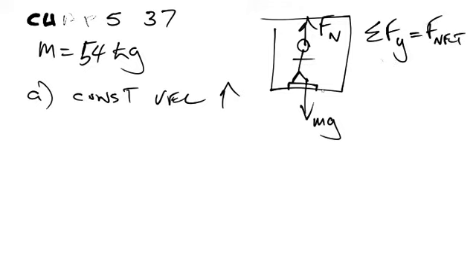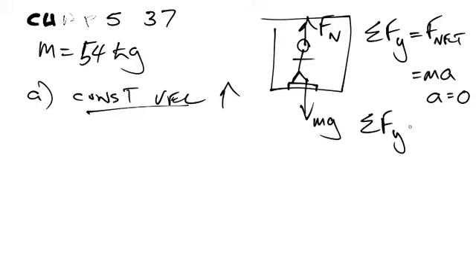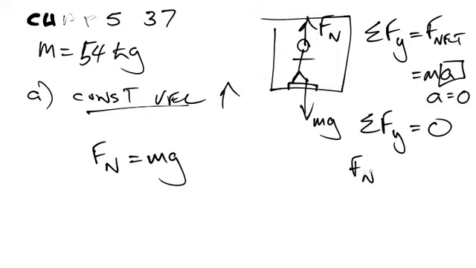But you see, since we have a constant velocity, acceleration, which is what F net equals, would equal 0. Therefore, the summation of the forces in the y direction equals 0. So that means that in this case, Fn equals mg, since we have Fn minus mg equaling 0. That means this and this are equal.